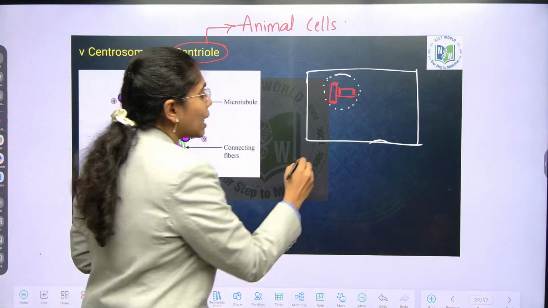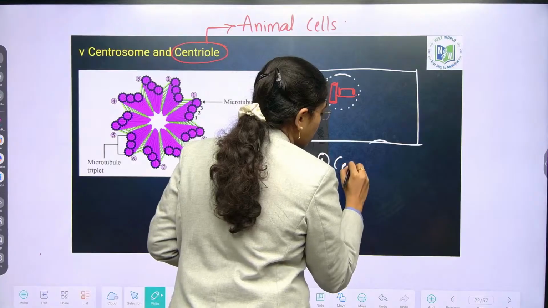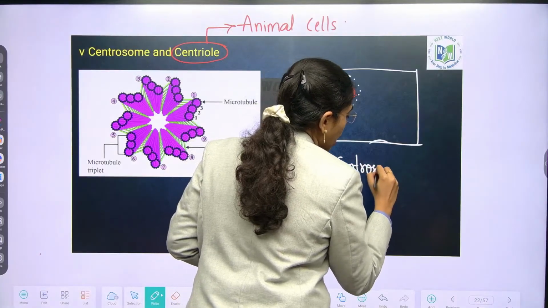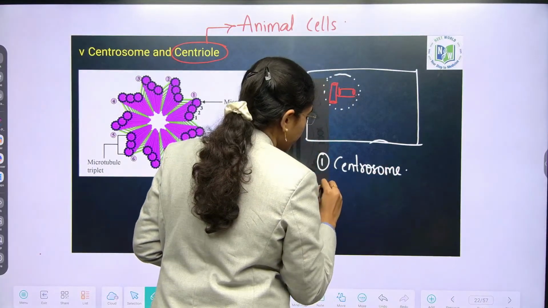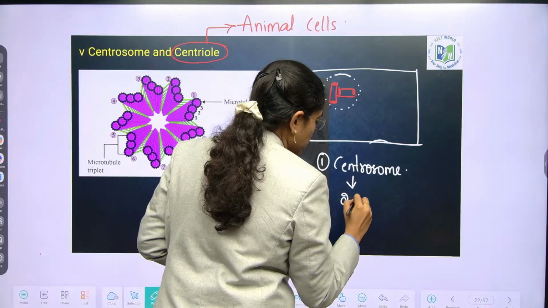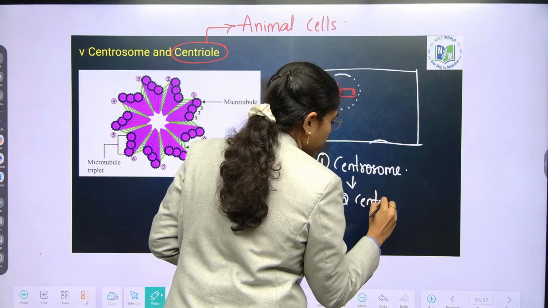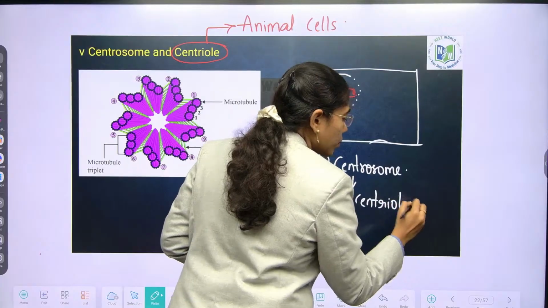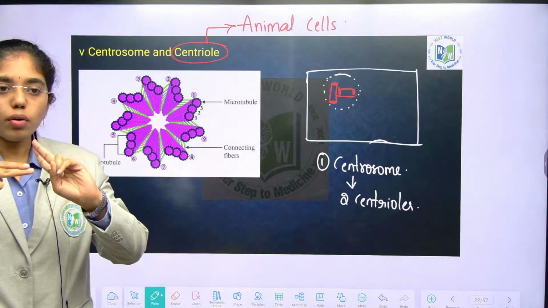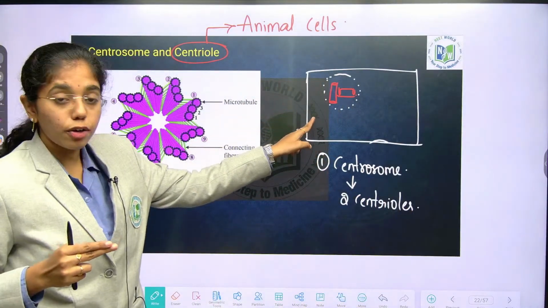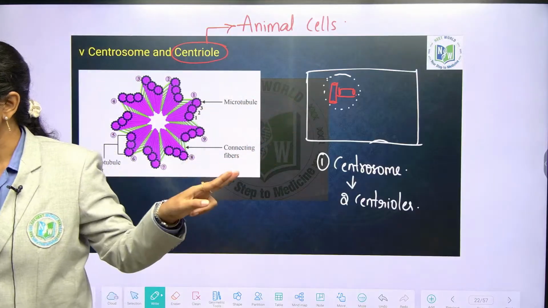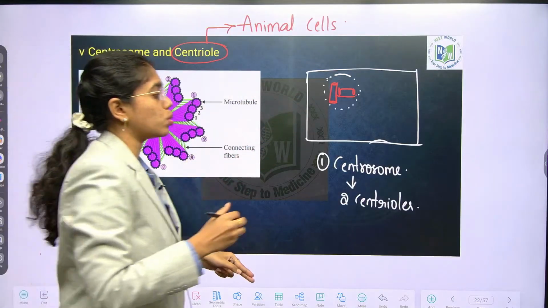So how many centrioles are present in a single centrosome? Two centrioles are present, perpendicular to each other. As a single centrosome consists of two centrioles, this is known as diplosome.